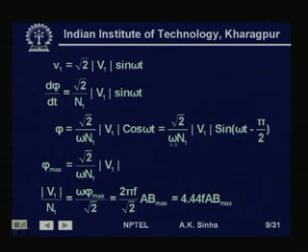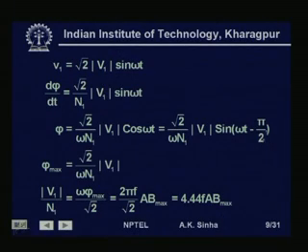What does this equation tell us? This tells us that the flux which is produced by this voltage that we have applied is going to lag the voltage by 90 degrees, because here we see it is sin omega t minus pi by 2.